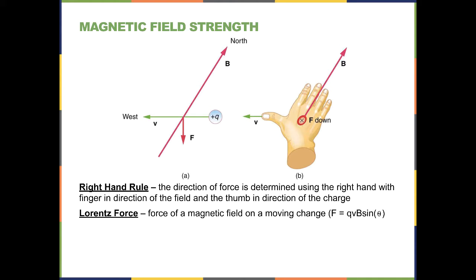In the diagram here, the charge is moving due west and the field is due north, therefore the angle is 90 degrees. The sine of 90 degrees is 1, and so the force here would just be QVB.